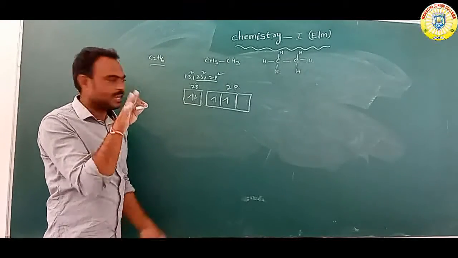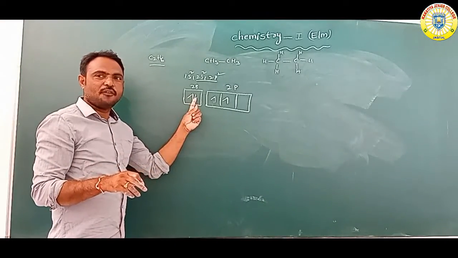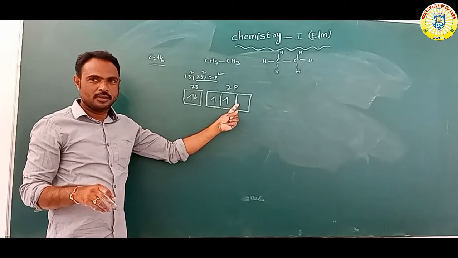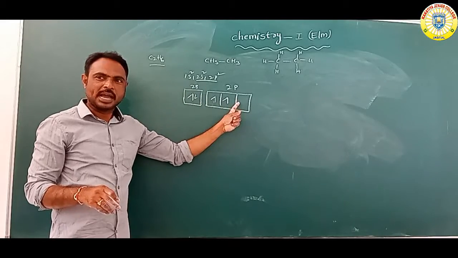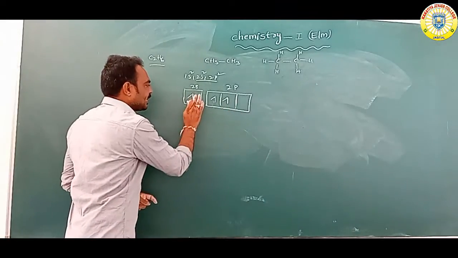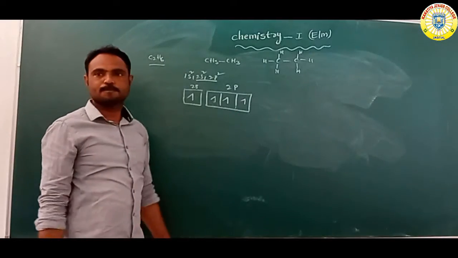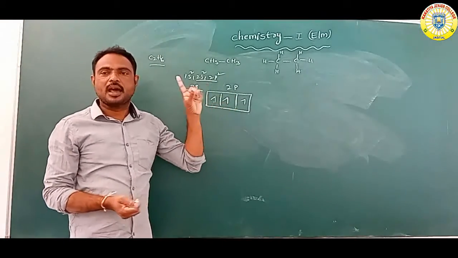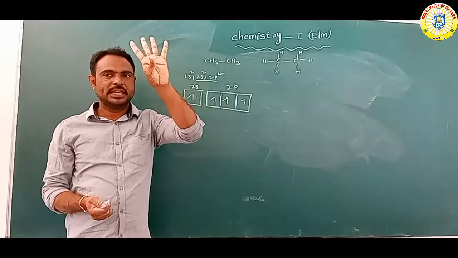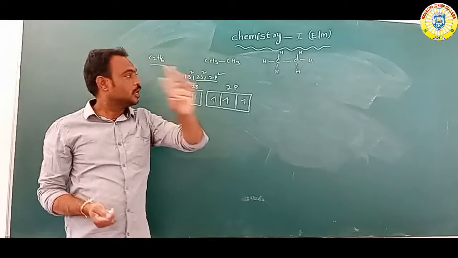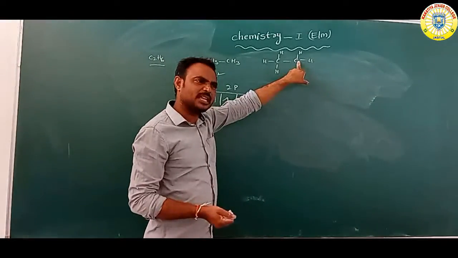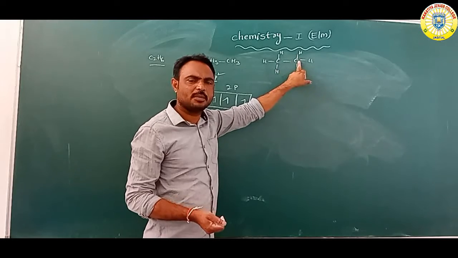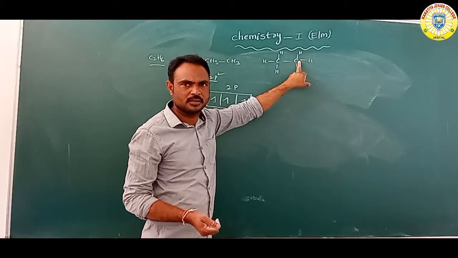In the excited state, one electron of the 2s orbital jumps to the 2p orbital, from a lower energy level to a higher energy level. So in the excited state, the carbon atom contains 4 single electrons. The other carbon is the same, also with 4 single electrons.